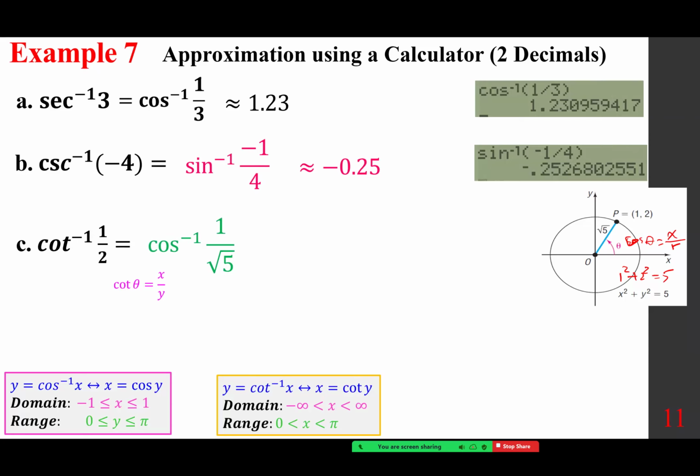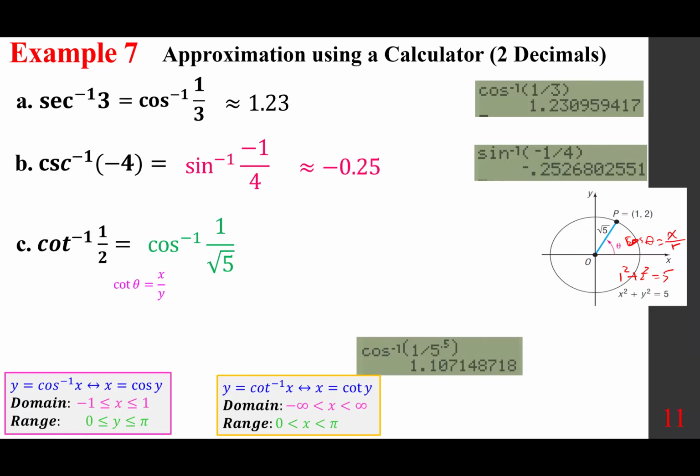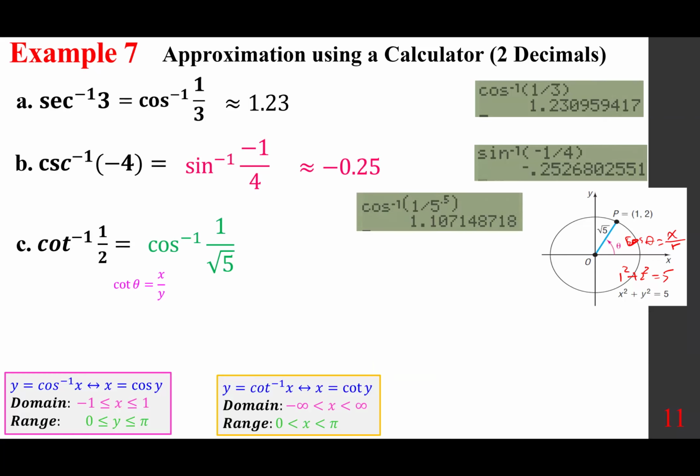So cosine inverse of 1 over square root of 5. That's important to know. And so you put that into a calculator, and we said cosine inverse of 1 over 5 to the power of 0.5.